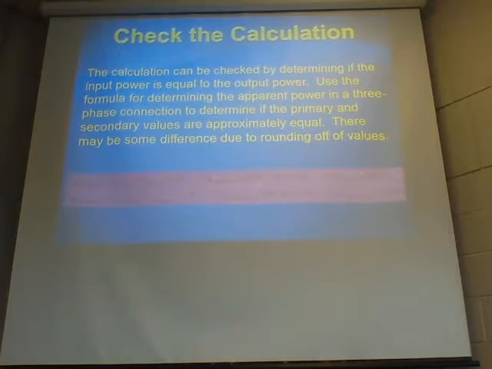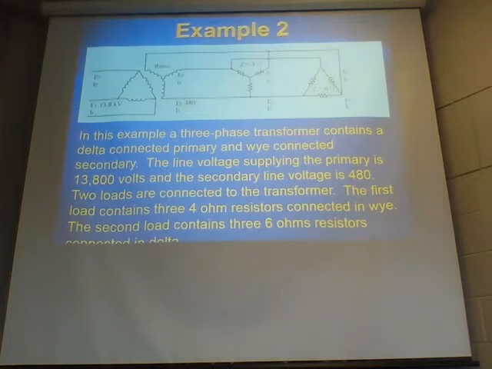So you end up with 20,873 here, 20,784 there. It's close enough that it works out. Now you've got 2 3-phase loads.